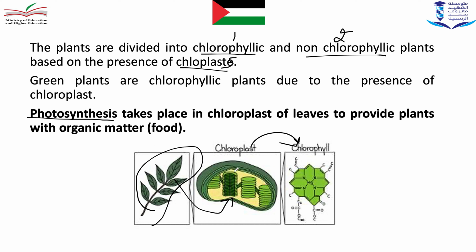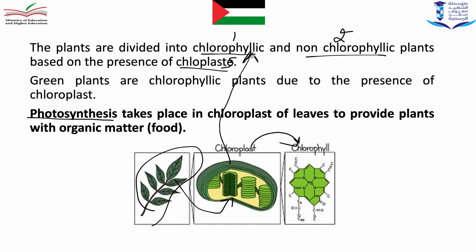So the photosynthesis of plants takes place here, and here the food of plants is synthesized, produced, manufactured inside the leaf, inside the chloroplast.